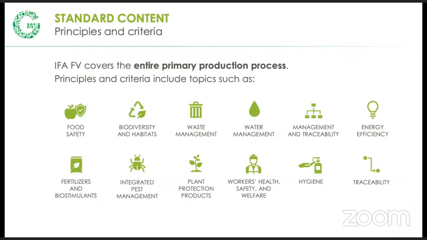Plant protection products, workers' health, I talked about already. Hygiene, this is where they go into things like you want to make sure your people are washing hands before they are packing those avocados. There's running water. There's people can wash those avocados, and you're looking at is that water clean?